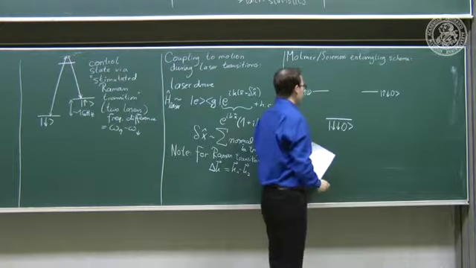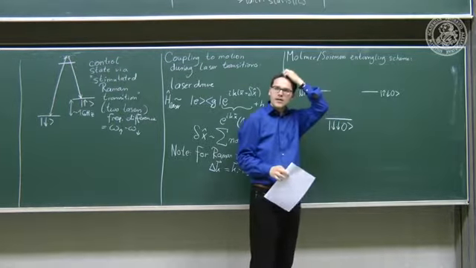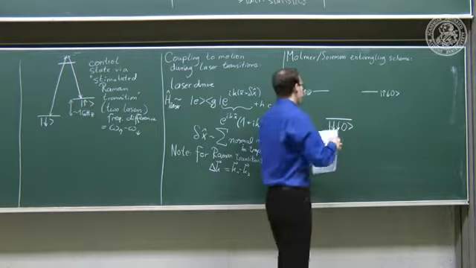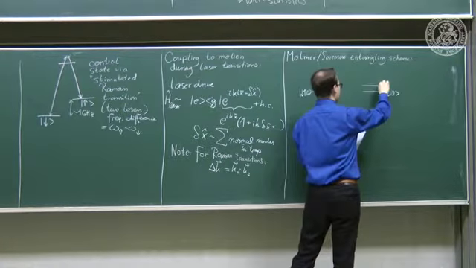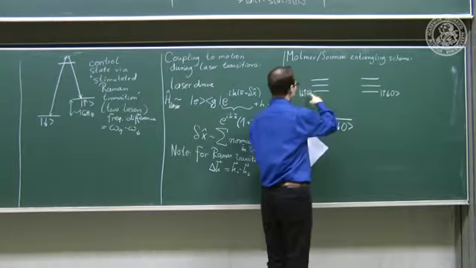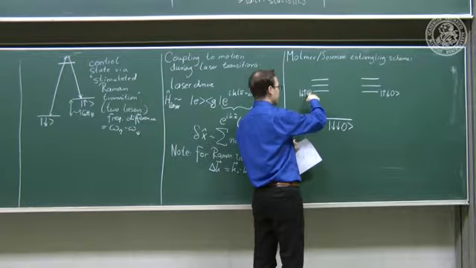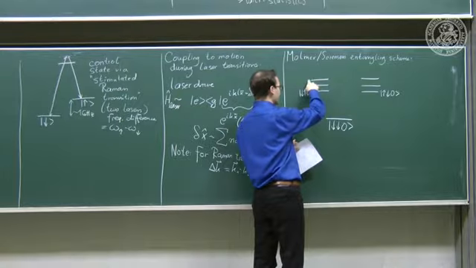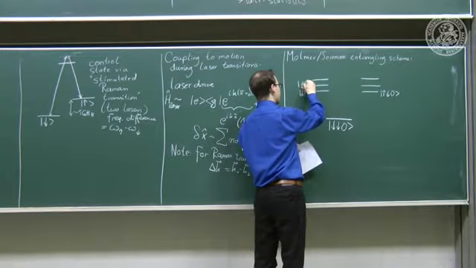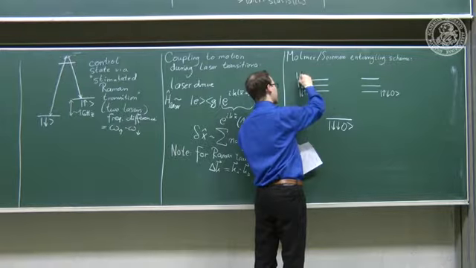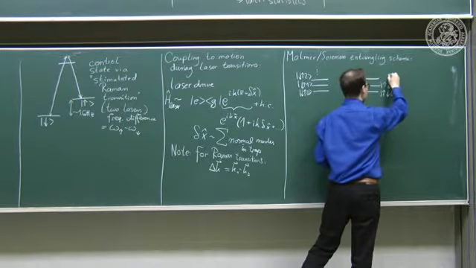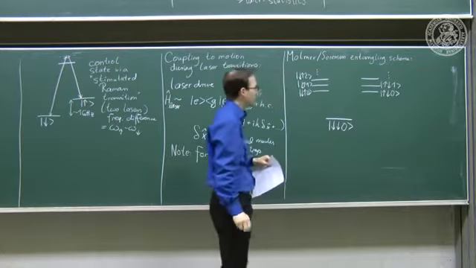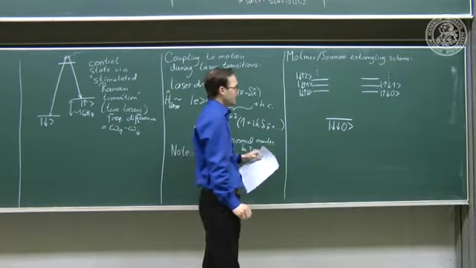Okay. Now, however, I want to exploit these other vibrational states. And so I will draw this ladder of vibrational states here, which is to say I can have not only 0 phonons, but also 1 phonon, 2 phonons, etc. Now the idea is the following.